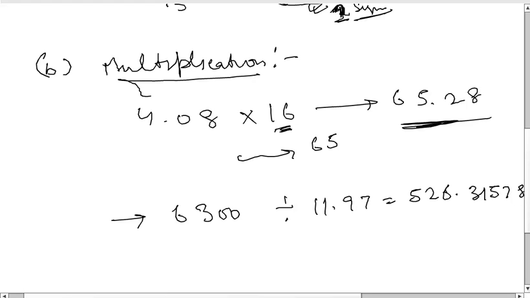Now if I need to quote the result, what will I quote? 526.3. Okay. Can you tell me what are the significant digits in this one? Yes, 2. But you are reducing it to 4.